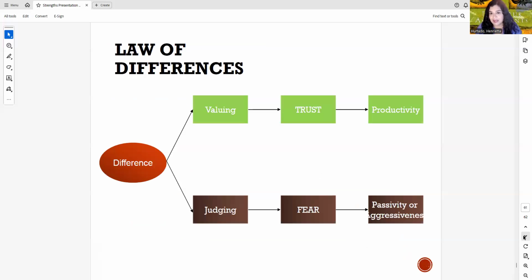So with strengths perspective, we have laws as well. We have rules or differences, the law of differences. So the difference is, for example, valuing, creating trust and productivity, and judging, creating fear and passivity or passive aggressiveness, which is negative. So you can see the opposite, valuing versus judging, trust versus fear, productivity versus passivity or passive aggressiveness.